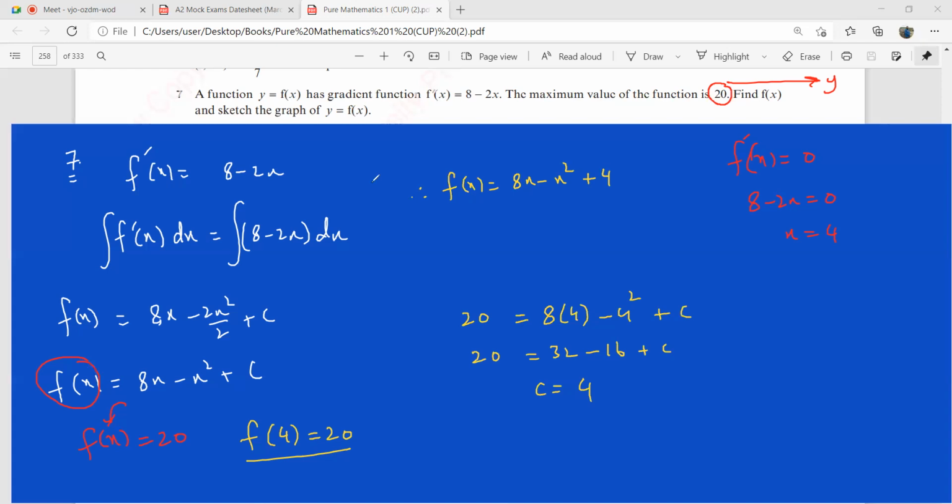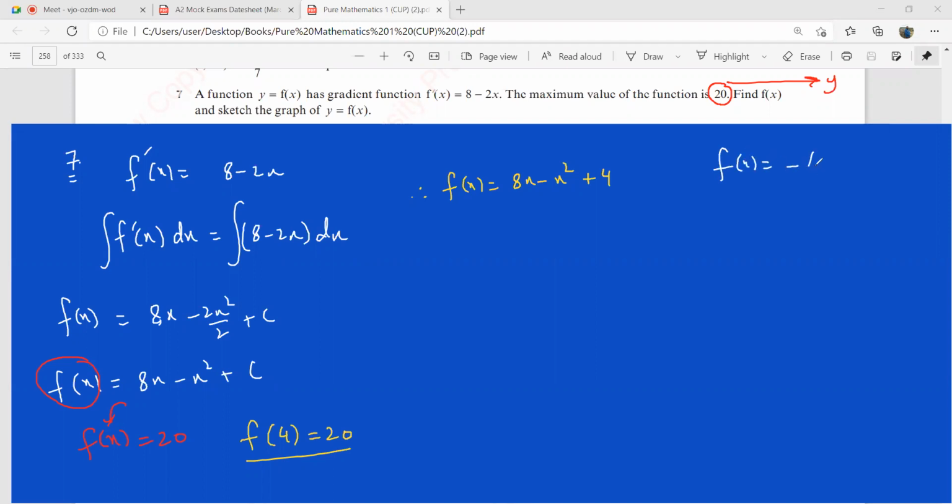Then it says sketch the graph of f of x. This takes you back to your topic of quadratics. You must be able to determine the turning point and the x-intercepts. Only then can you sketch this easily. So let's do that, completing the square on it.